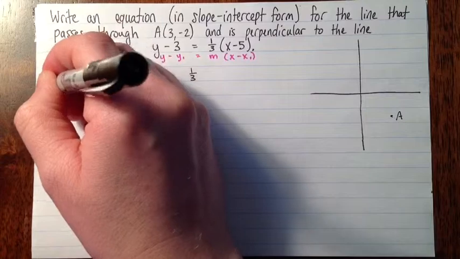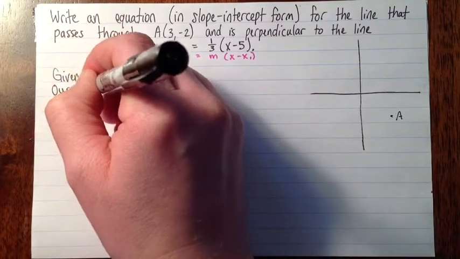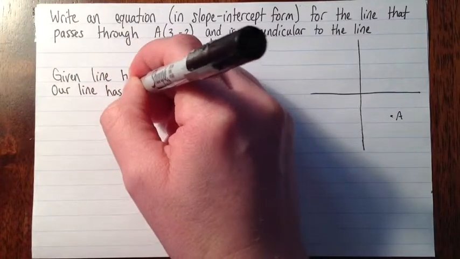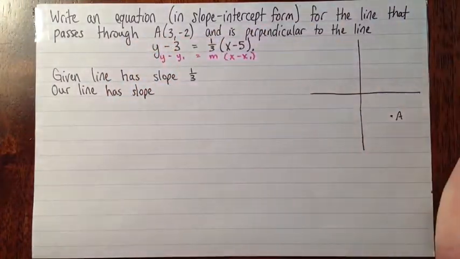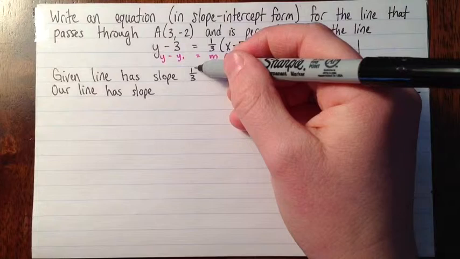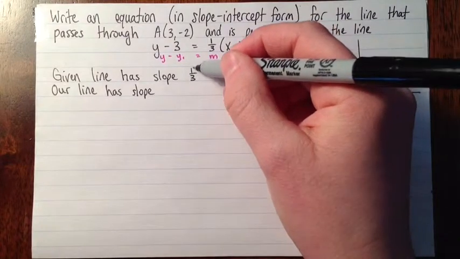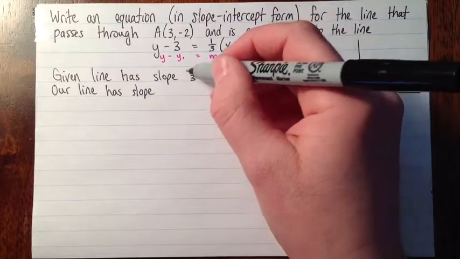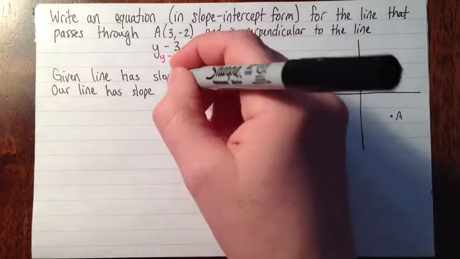So our line, because it is perpendicular to this, will have a slope that is the negative reciprocal. So we flip it upside down to get the reciprocal, that's 3/1, or 3, and then we change the sign, so it'll be -3.